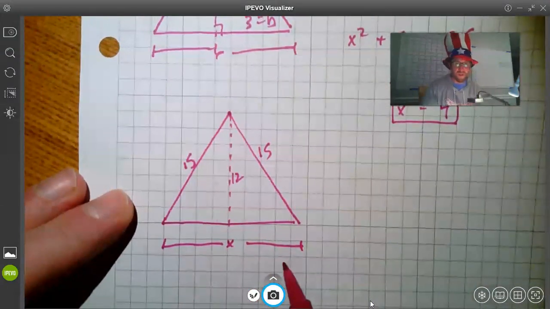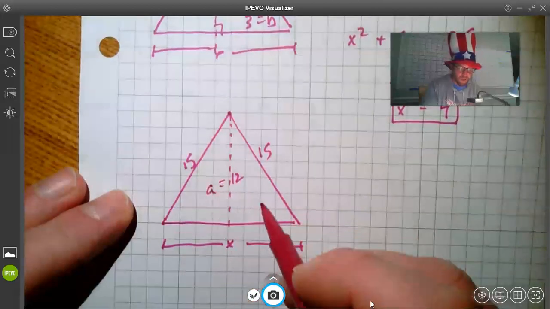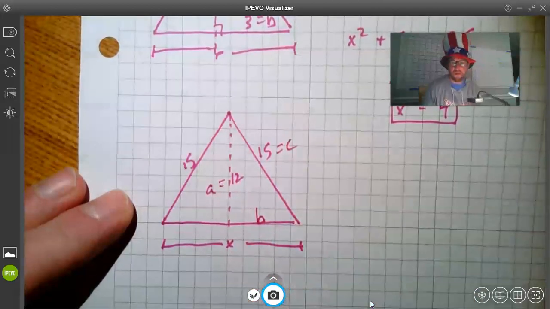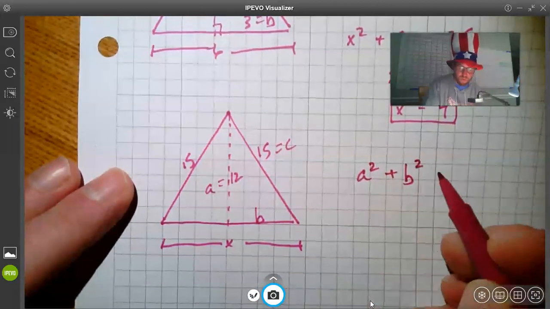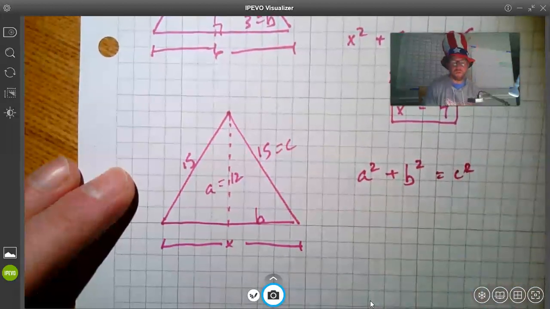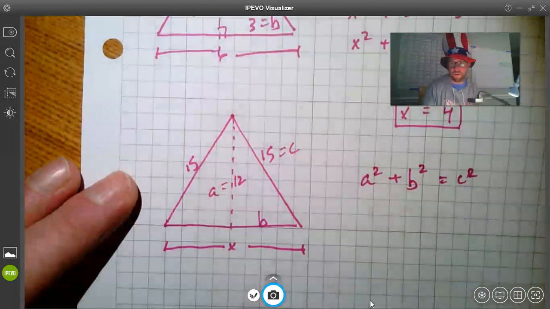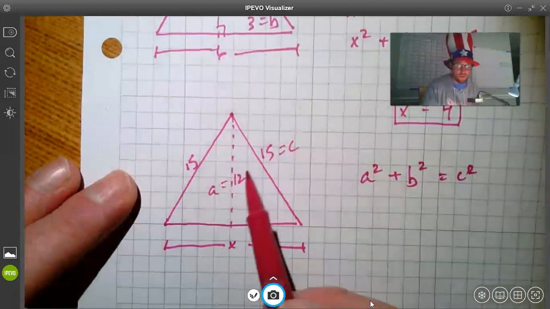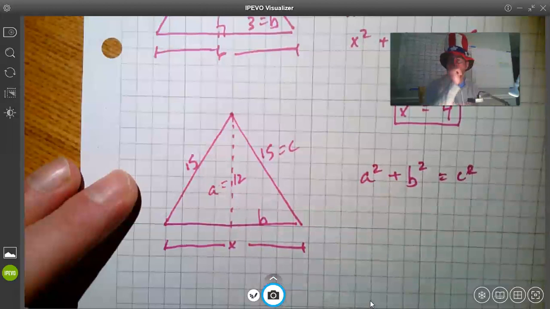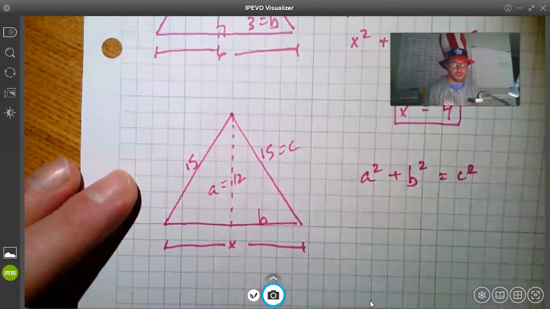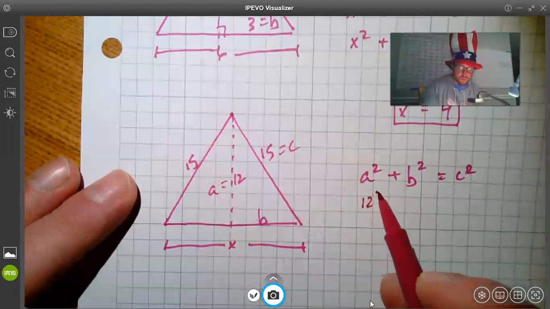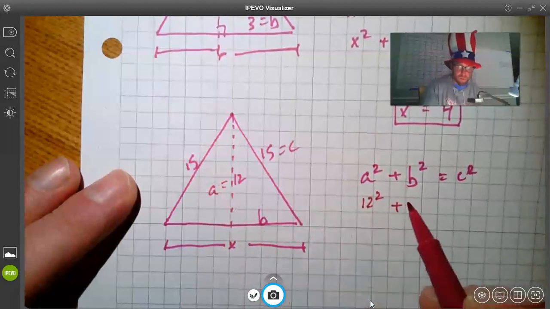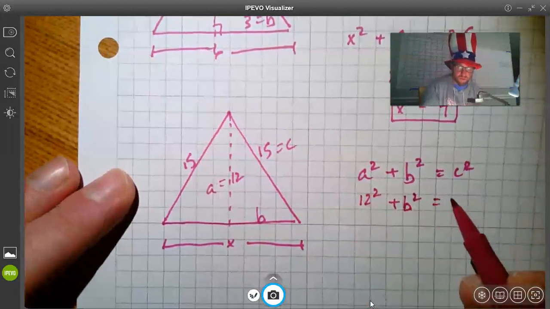So let's just forget that this is x right now, and let's just call this a, b, and c. Okay. So I've got a squared plus b squared equals c squared. So I'm just dealing with the half on this side, or whichever half you want to pick. And you might recognize this is a 15, 12, 5. No, it's not 15, 13, 12, 5. Scratch that. This is 9. Anyways, so I'm going to replace a with 12 squared plus b. We don't know b squared, and we have 15 squared over here.